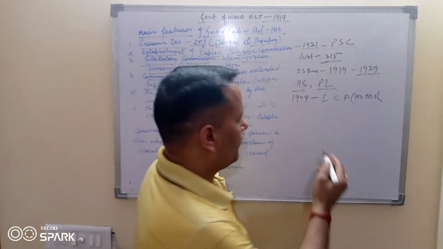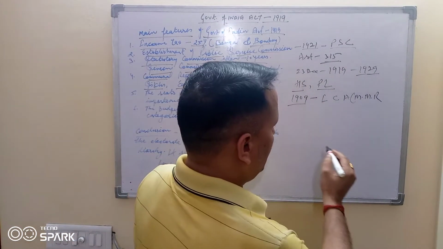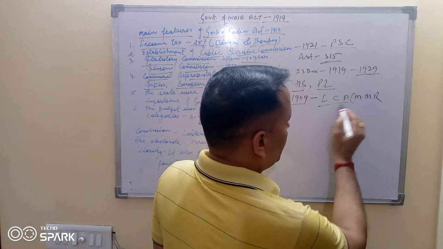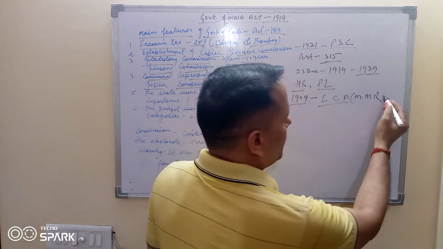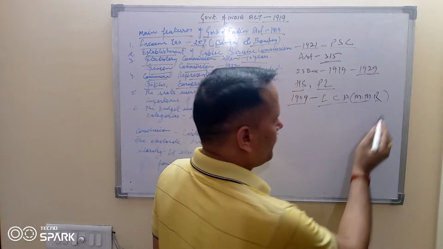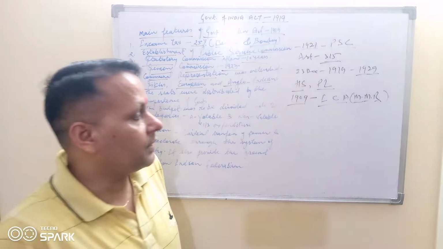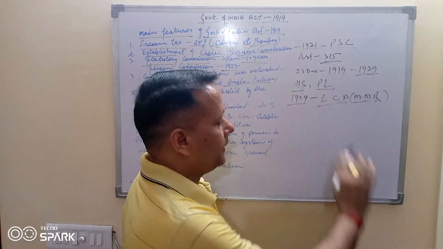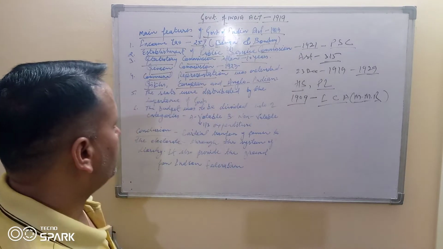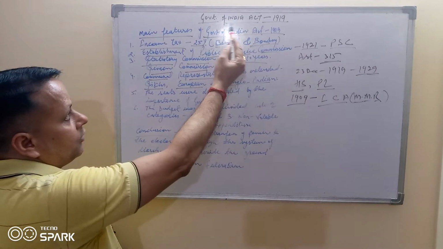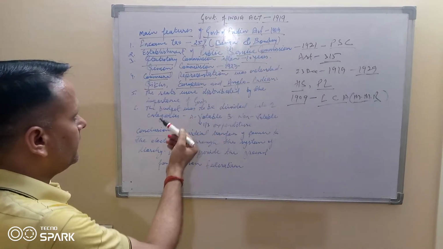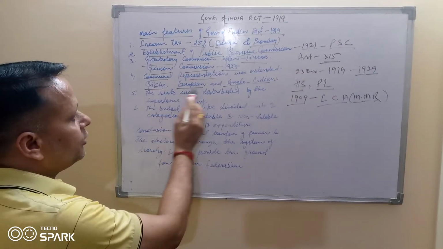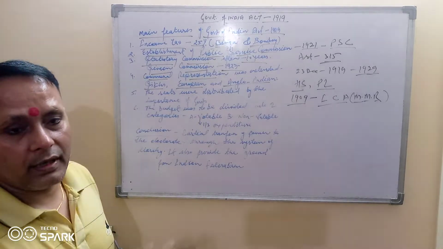As we know, the first time was in 1909, the Indian Councils Act, familiar as the Morley-Minto reform. A separate electoral college was provided for the Muslim community, and according to the Government of India Act 1919, Sikh, European and Anglo-Indians were also added.